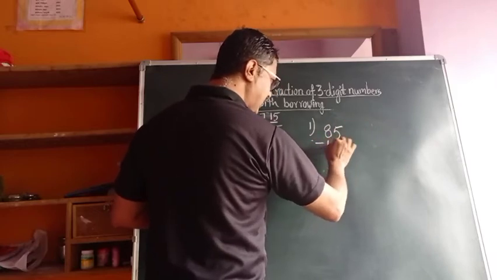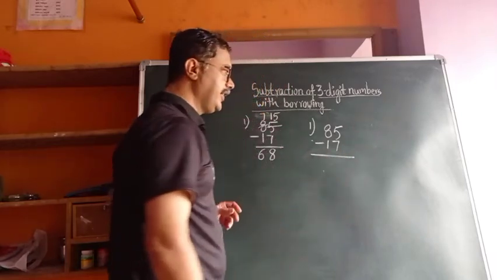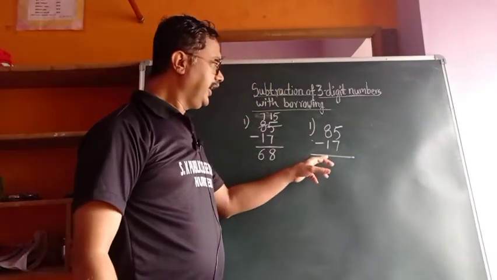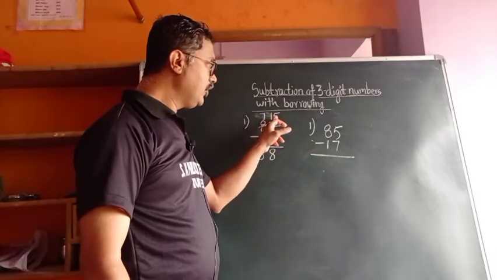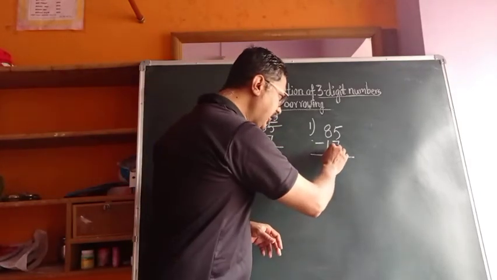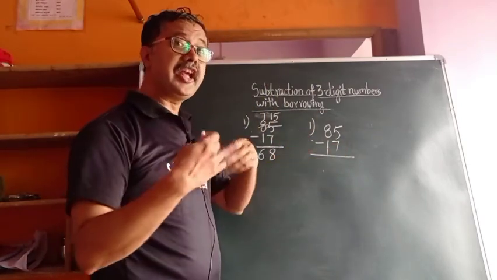Here 17, instead of writing the new number 15, what we will do is write 1 next to the number.